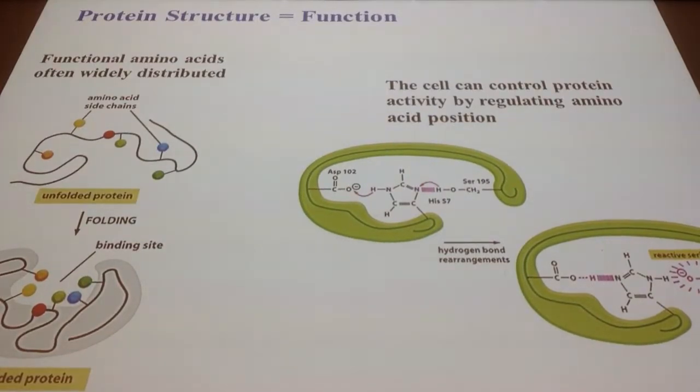A catalytic site is a site where the enzyme must bind to the substrate to do something to the substrate. So it's still about binding. Does that make sense? Okay? So you control enzymatic activity, you control protein activity by controlling the structure, which then correlates with function. That's the point of this slide.